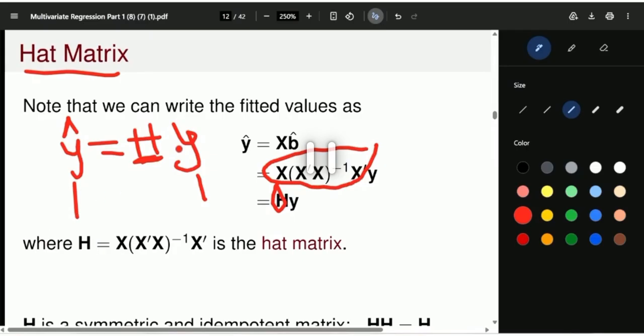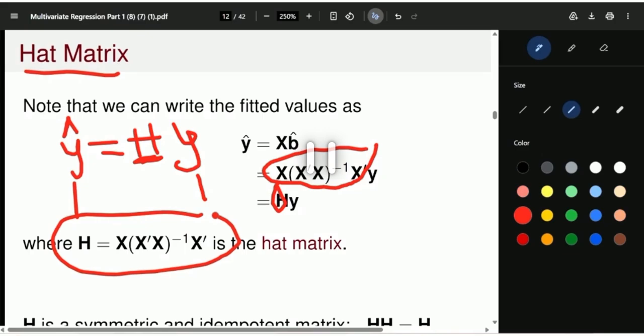Without the hat matrix, we can never transform the original response variable to the predicted one. That is exactly what we're trying to say here. But before we can justify this statistically, we need to investigate. There are going to be properties for the hat matrix. It has to attain something before it can actually do a great job. The hat matrix has a lot of roles in statistical analysis.